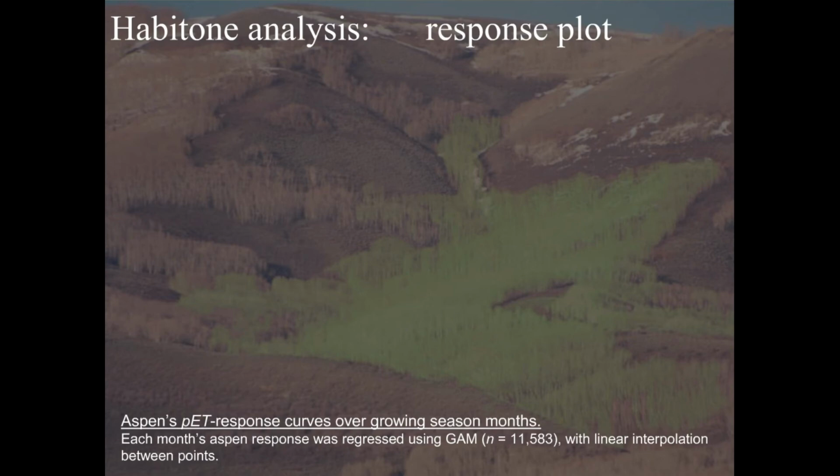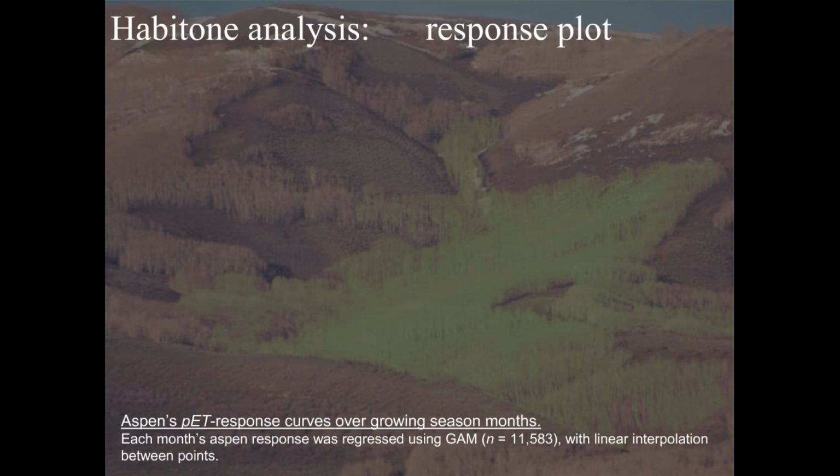Again, we've turned that previous graph on its side and are looking at it in a different way. The early growing season is tight. The difference in PET of aspen and non-aspen cells, even in a continuous viewpoint, is not very large. But as the growing season progresses, those areas tend to diverge, and that's shown here again.